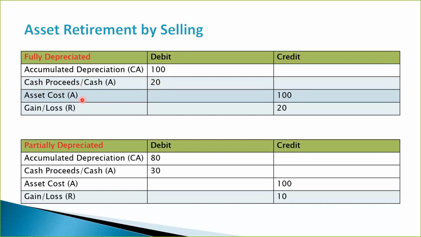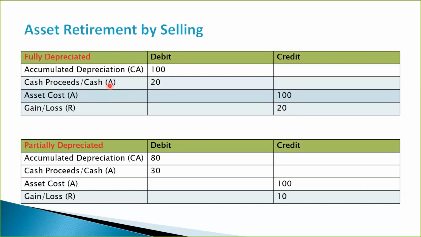Of course, you're retiring the asset, so you credit the asset cost. And you will have a gain of $20. Why? Because of this proceeds in cash. So in this case, the gain or loss is going to be equal to the proceeds that you get from selling your asset.